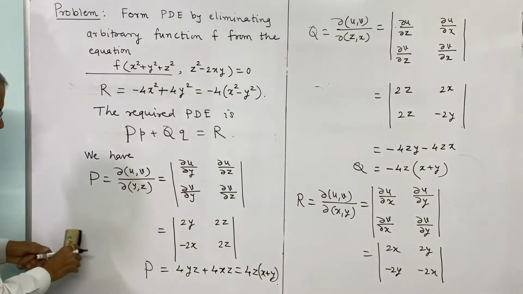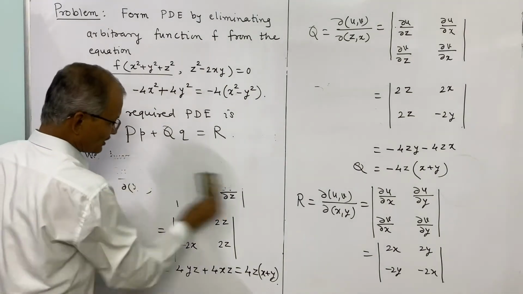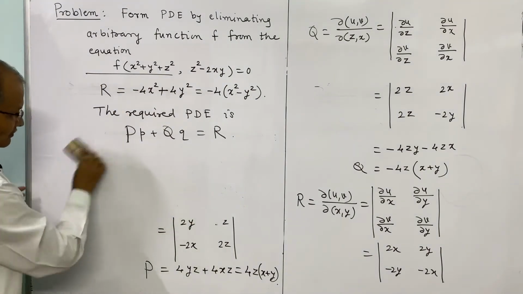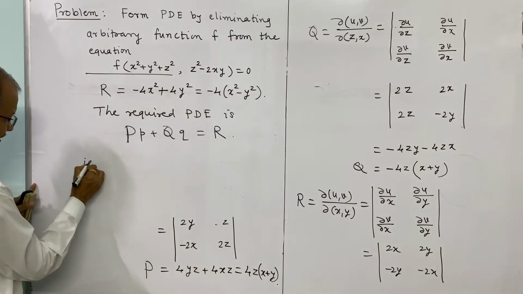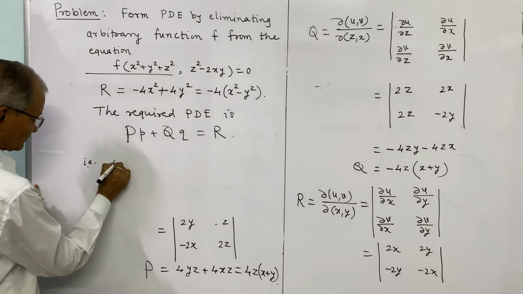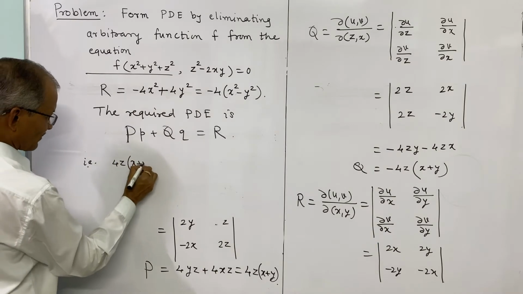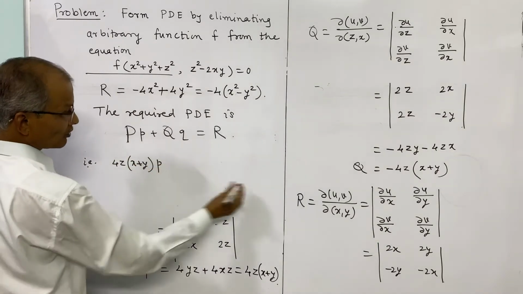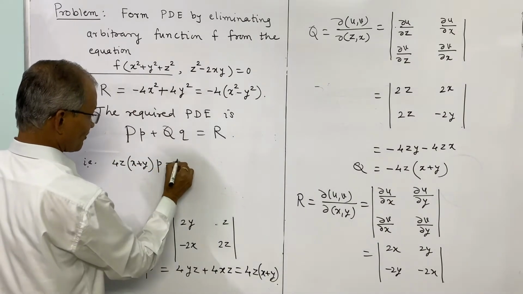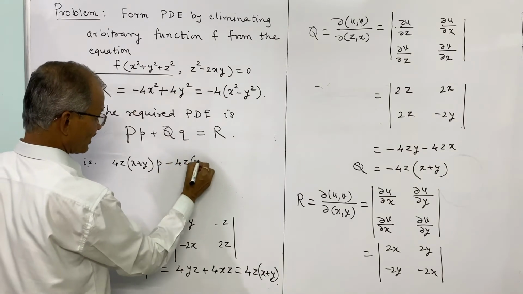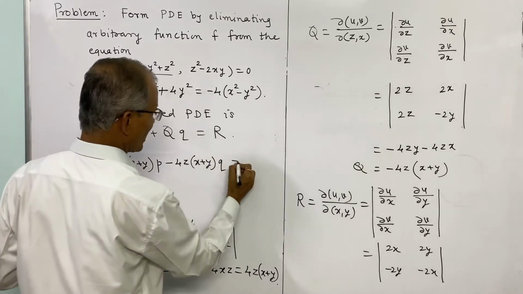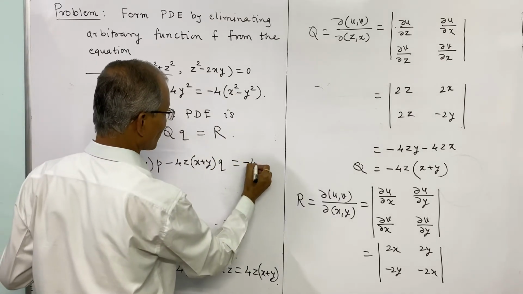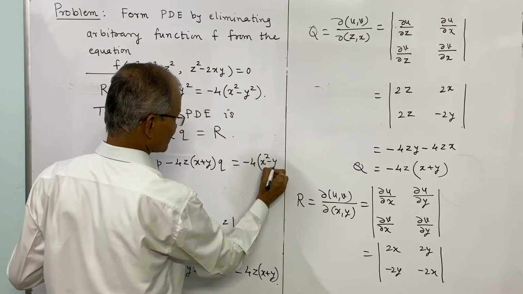Here it is P, so this value is 4z into x plus y times p. Q is there, minus 4z into x plus y into q and is equal to R, as it is minus 4 into x square minus y square.